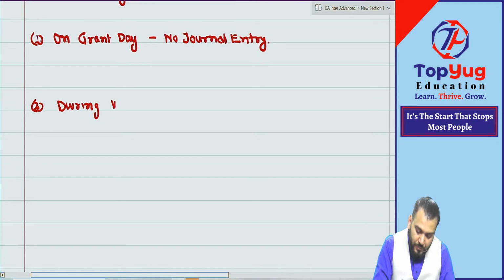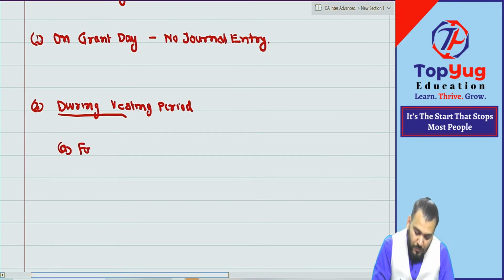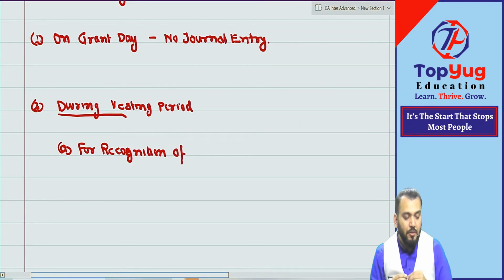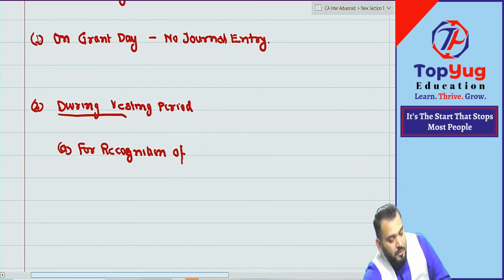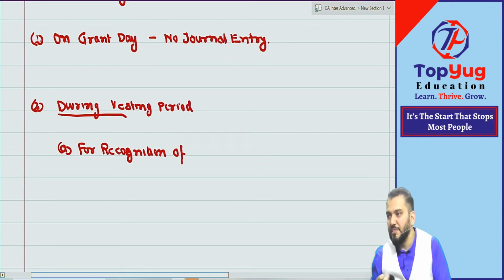During vesting period, in this point A, for recognition of employee benefit expense, means we need to recognize expense at the end of each accounting period.